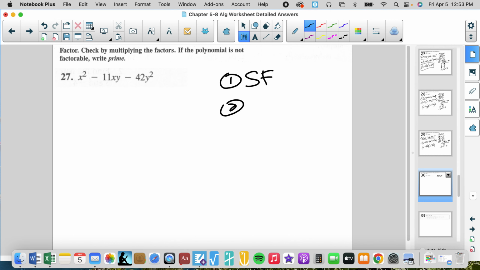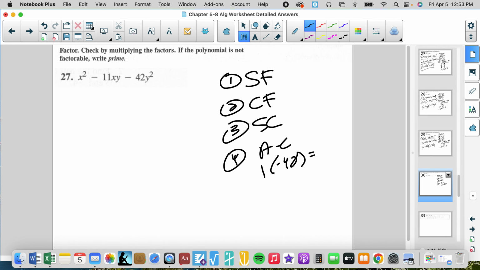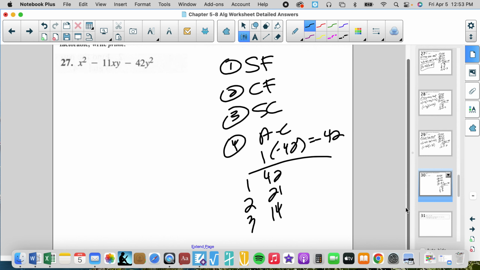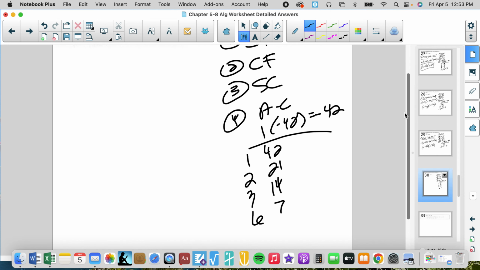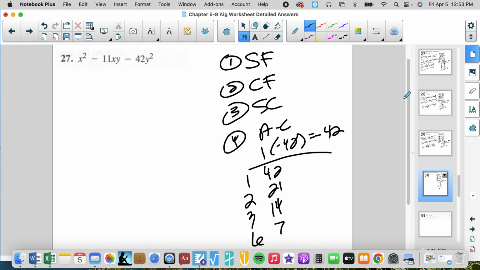Standard form, common factor, special case, A times C. 1 times negative 42, negative 42. 1 and 42, 2 and 21, 3 and 14. 4 no, 5, 6 and 7. Signs are different, both negative.